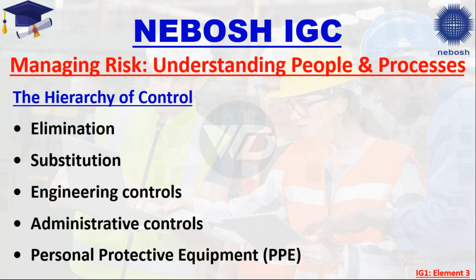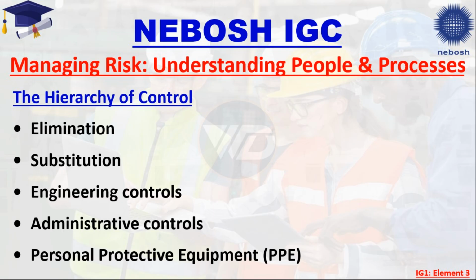6. The hierarchy of control. The hierarchy of control ranks risk control measures from most effective to least effective. At the top is elimination, removing the hazard entirely, which completely removes the risk. Next is substitution, replacing the hazard with something less dangerous. Then we have engineering controls, physically isolating people from the hazard, for example by guarding machinery.